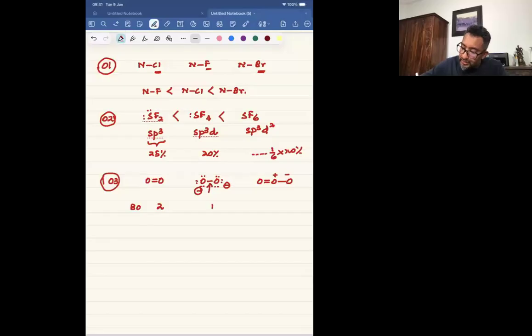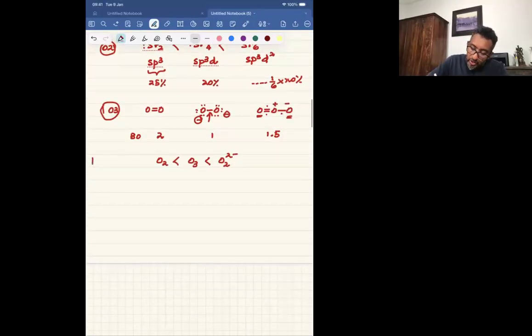There's only one bond. What is the bond order here? 1, 2, 3, 3 divided by 2 surrounding atoms, 1.5. Higher the bond order, shorter the bond length. So the meaning is, oxygen is the smallest, then comes ozone, then comes O2 2 minus. Right? Higher the bond order, shorter the bond length.